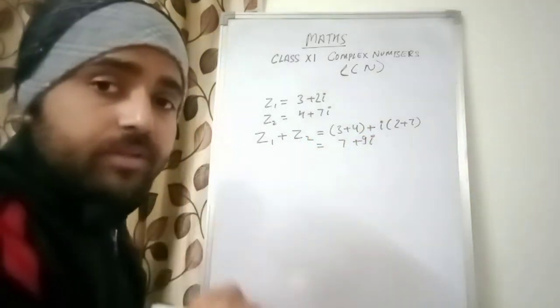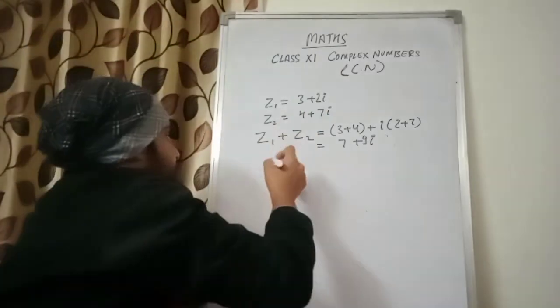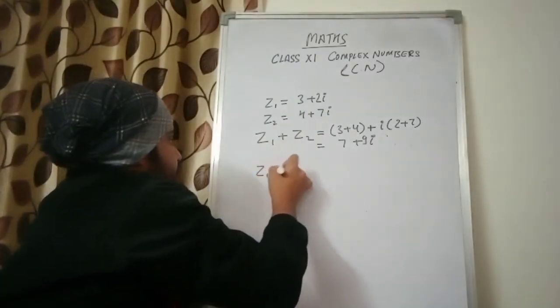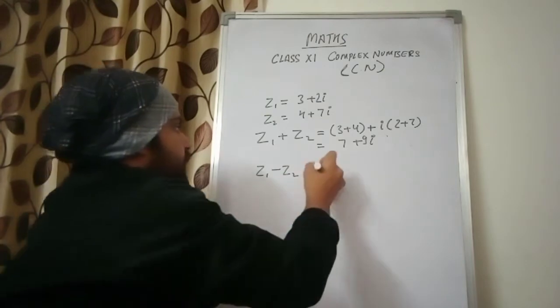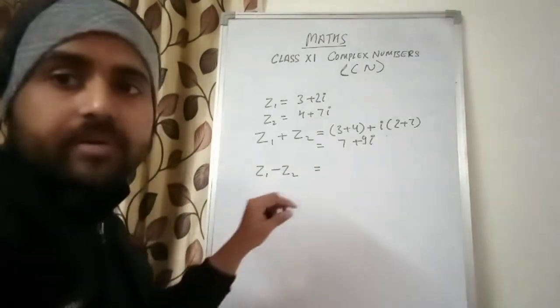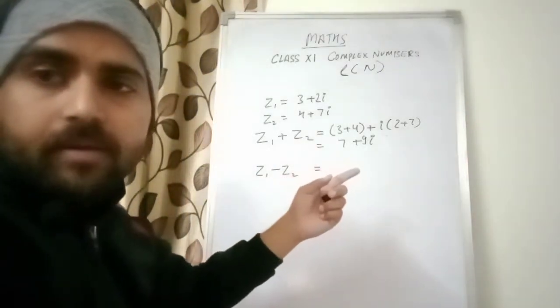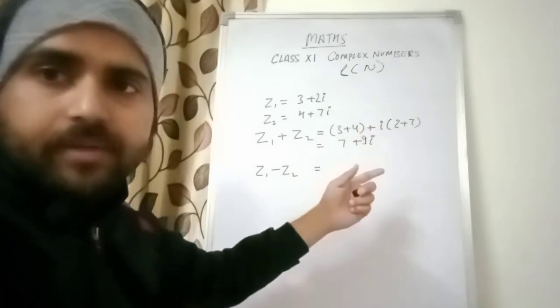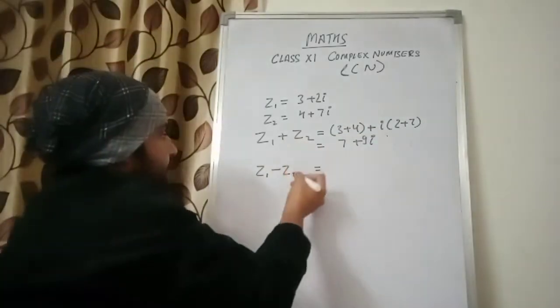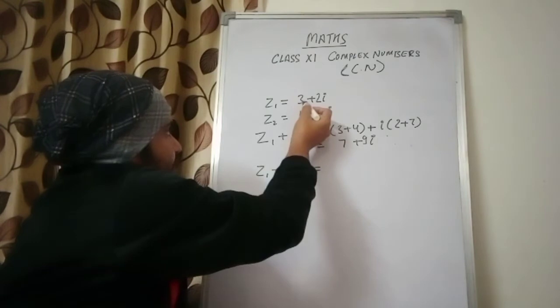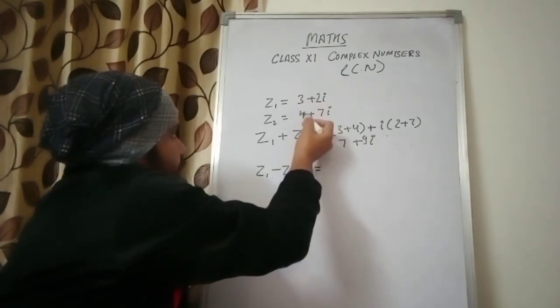Now if you have to find the difference, let's say I want to find z1 minus z2. Here you have to subtract the real part and the imaginary part separately. So if I write z1 minus z2, it means z1 real part is 3 and z2 real part is 4.